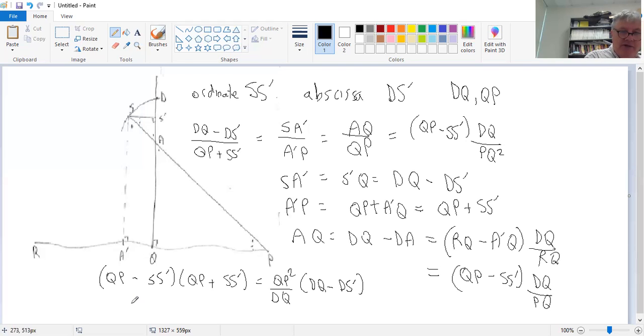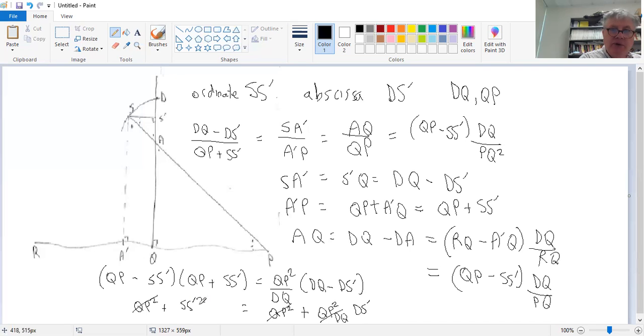Okay, and on the left-hand side, that's just QP squared minus SS prime squared. And then multiply this out, we get QP squared. So these guys cancel out. And what's this? We get minus QP squared divided by DQ times DS prime. Get rid of the minuses. And what have we got?